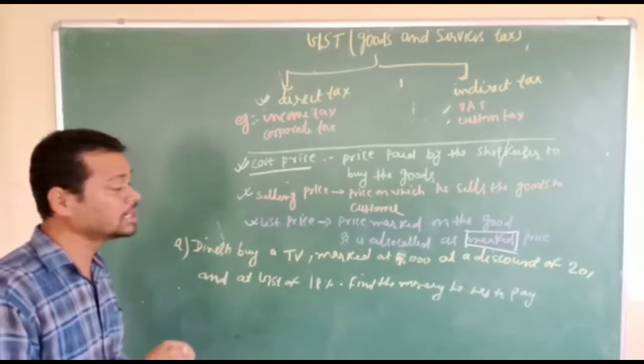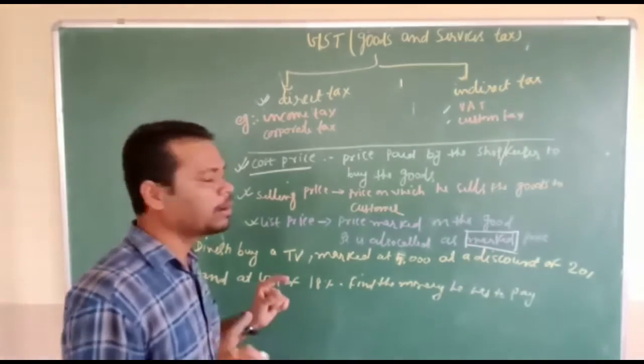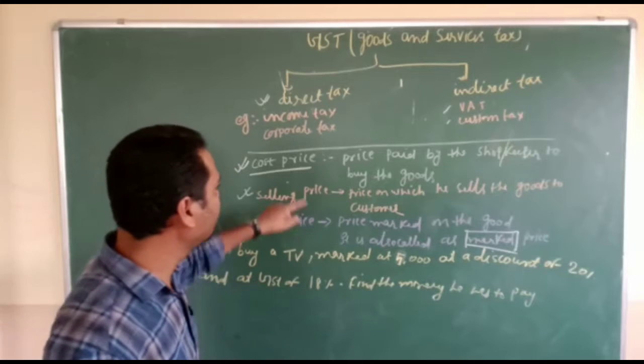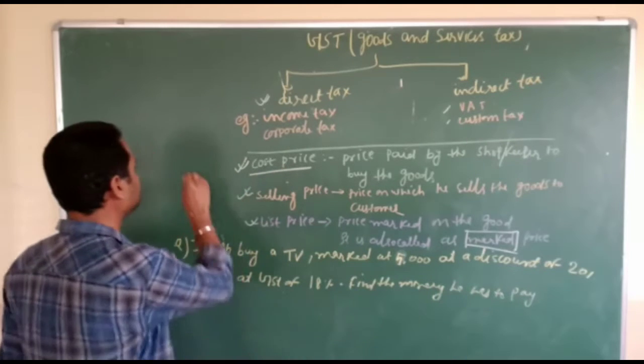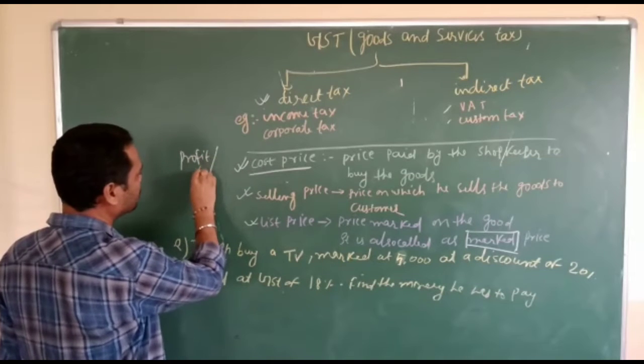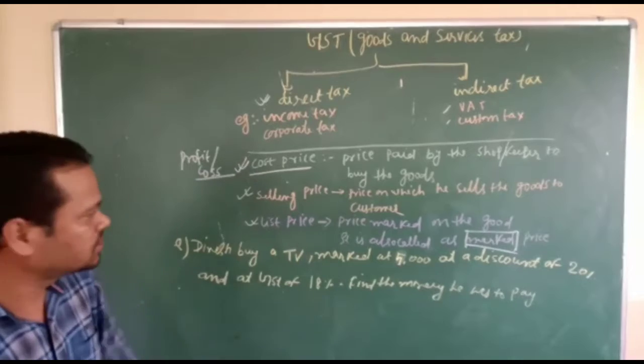But the important thing I want to discuss at this point is that whatever profit or loss a shopkeeper makes, on which price is it made? Cost price. So our profit or loss is completely based on cost price.